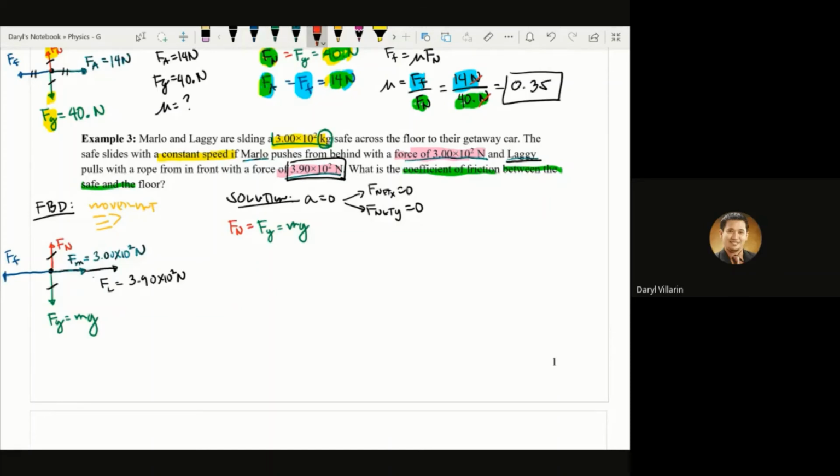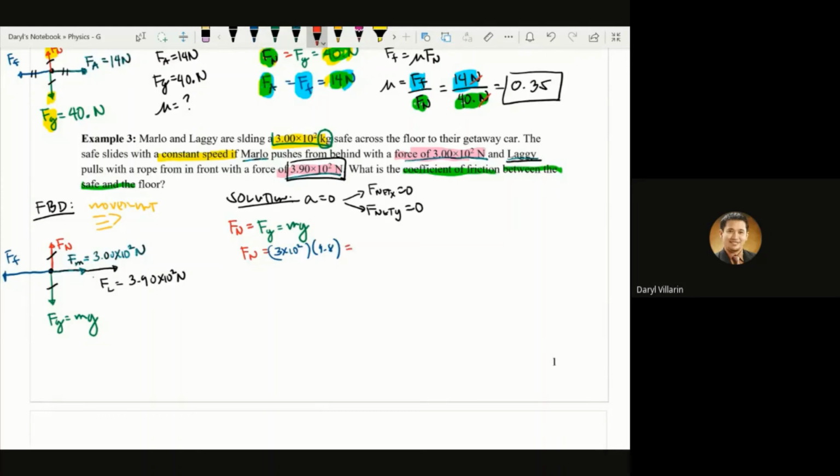So you can get Fn equal to 3 times 10 to the power of 2 times 9.8. In this particular case, we can say that Fn is equivalent to the mass times the acceleration due to gravity.